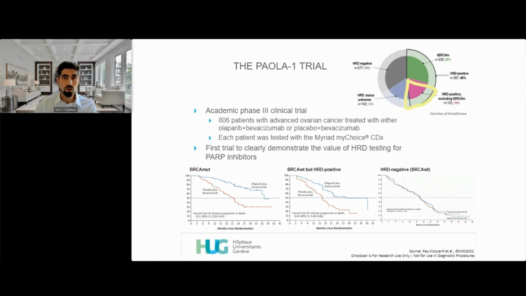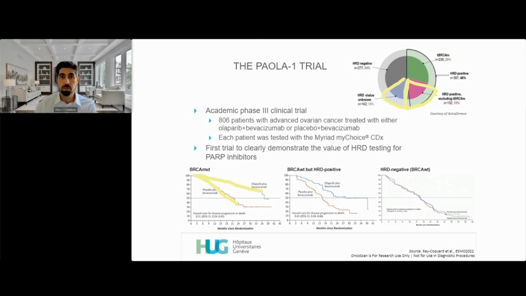But what is most striking is that 18%, almost 20%, one sample out of 5, had an HRD status unknown, meaning the test could not predict the response. But when it could predict the response, it was dramatic. You see here, when you have the blue line, olaparib, a nice response, much better benefit than with the placebo.